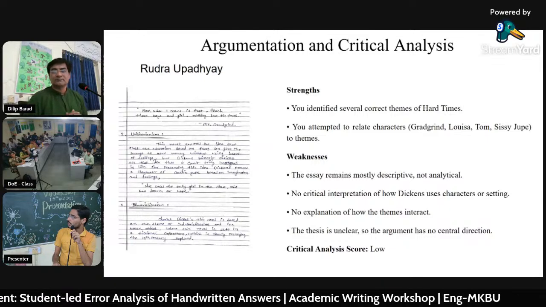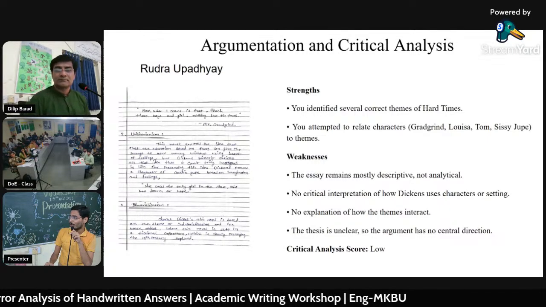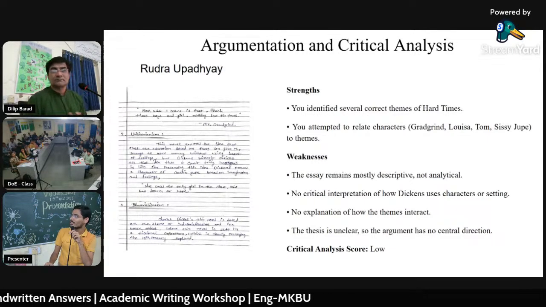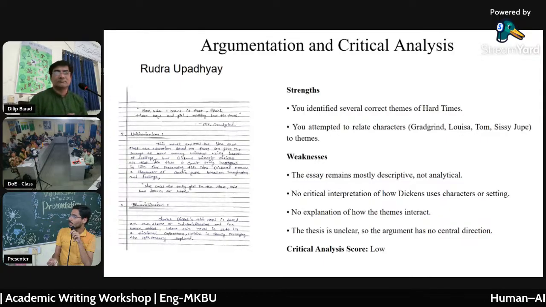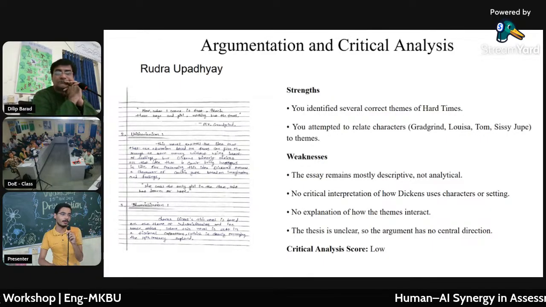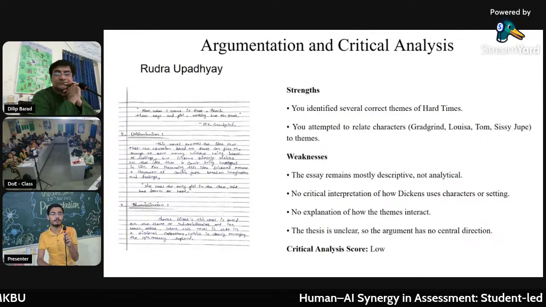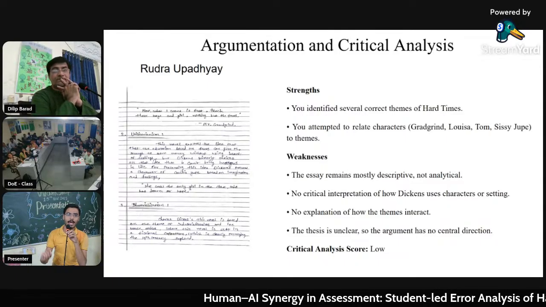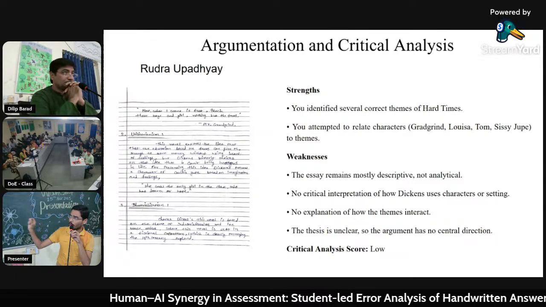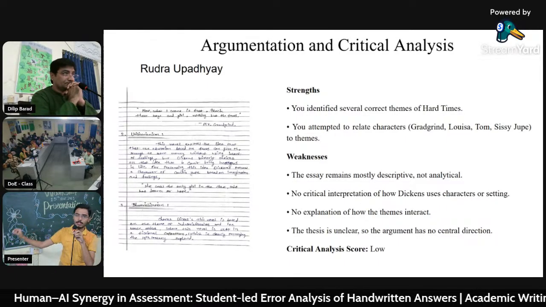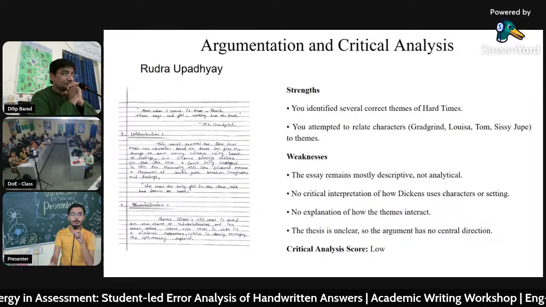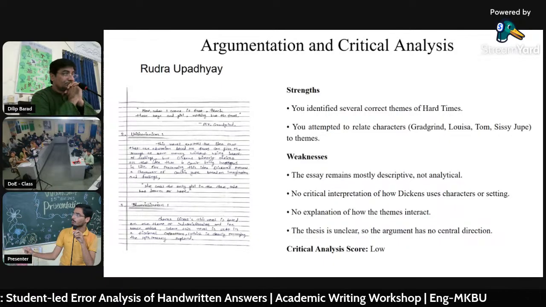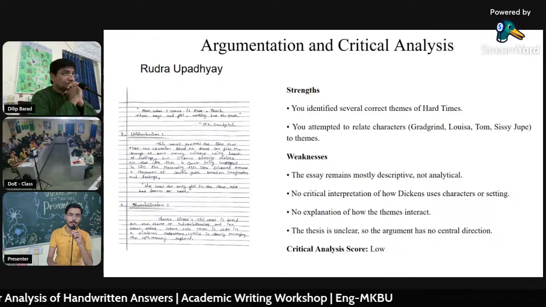The answer is also unclear according to AI, and the explanation of themes and how they interact with the characters of the novel is something I have not done. So AI has given me these weaknesses, and I can improve these points in my university examination.